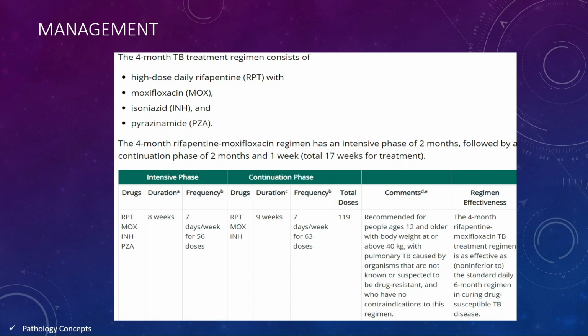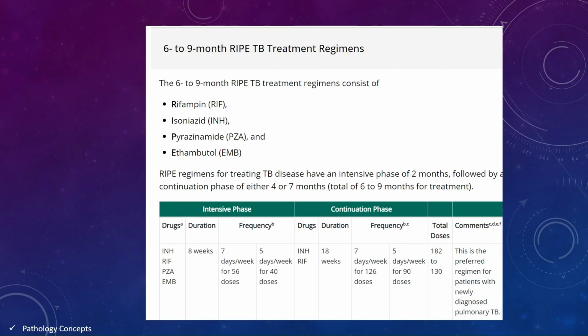In this regimen, 2 months is the intensive phase and the rest is the continuation phase. Another regimen is the 6 to 9 month TB treatment, which is the usual treatment already established for years. In this treatment, the medications include rifampicin, isoniazid, pyrazinamide and ethambutol.